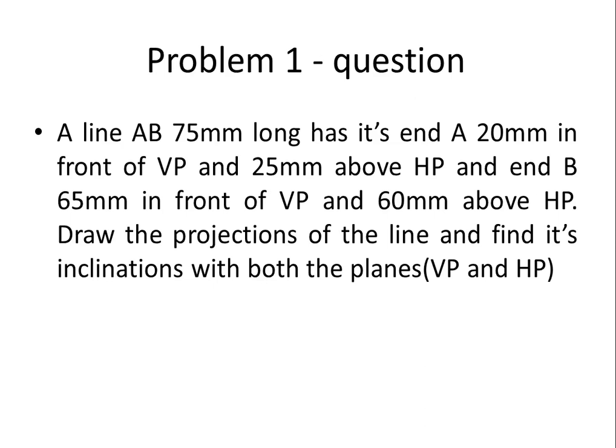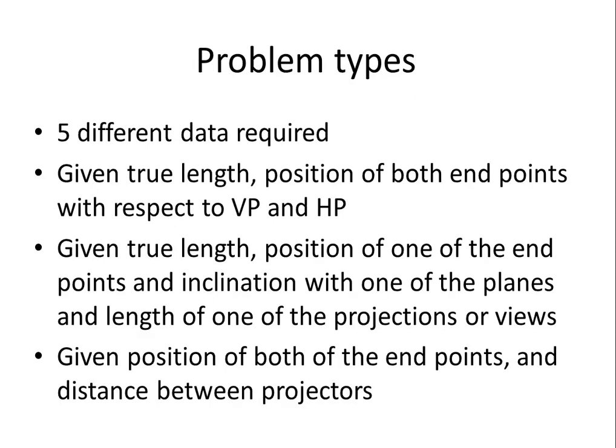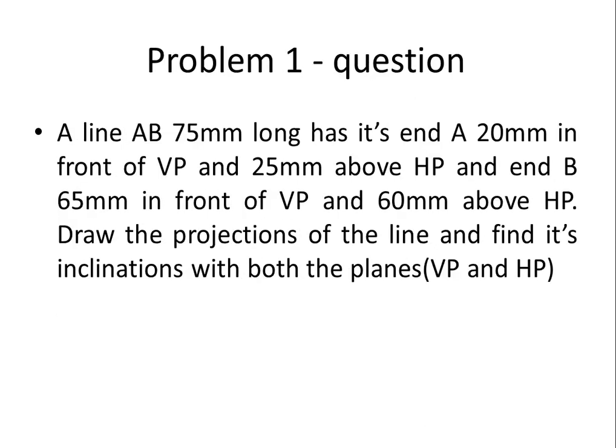So let's start with problem 1, where it says that the line AB is 75 mm long and its end A is 20 mm in front of VP and 25 mm above HP. This basically is nothing but the position of points which we mentioned before. And the end B is 65 mm in front of VP and 60 mm above HP.